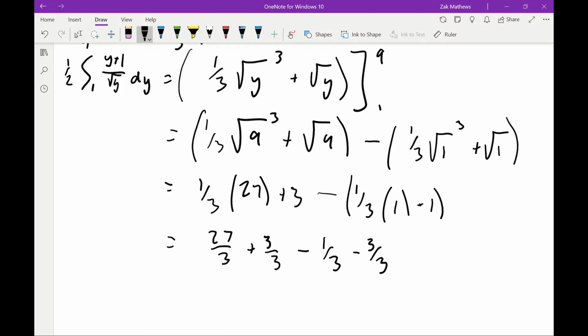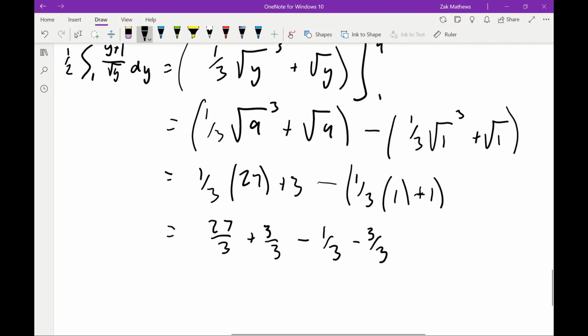Is that right? The 3 should be 9/3, if I could do some basic math here. So now we have 27 plus 9 is 36, minus 4 is 32/3, and that looks good.